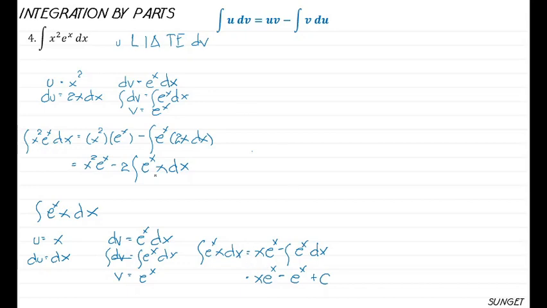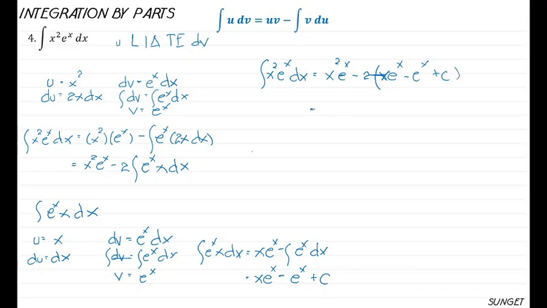So we will substitute to this integral. We have the integral of x squared times e raised to x dx equal to x squared times e raised to x minus 2 times, and the integral of e raised to x times x dx is x times e raised to x minus e raised to x plus c.